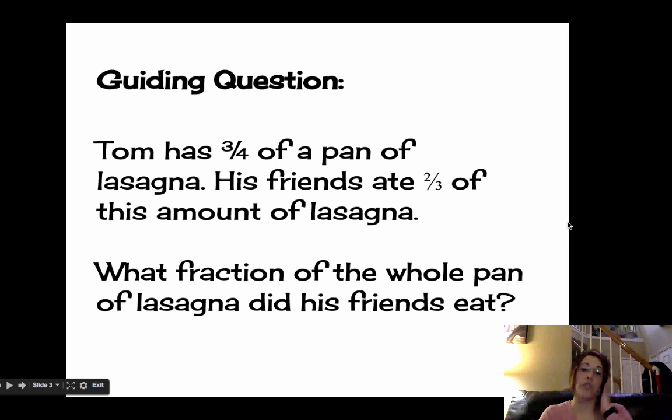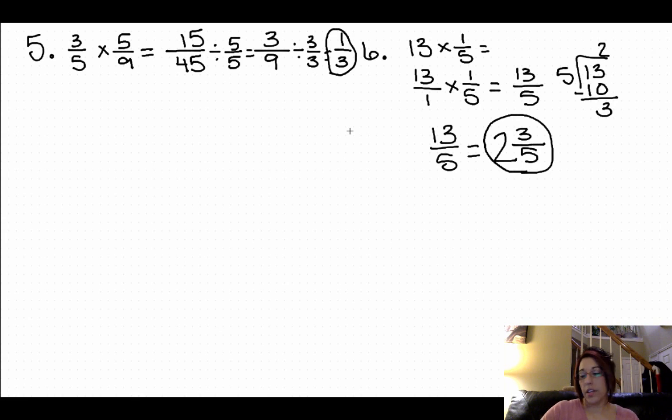So let's look back at our problem from the beginning of the lesson. Tom has 3/4 of a pan of lasagna. His friends ate 2/3 of this amount of lasagna. What is the fraction of the whole pan of lasagna that his friends ate? So he started with 3/4. His friends ate 2/3 of a pan.